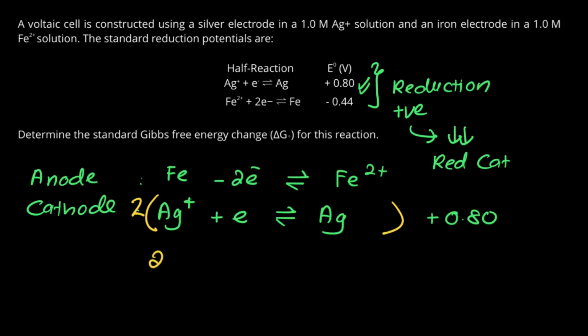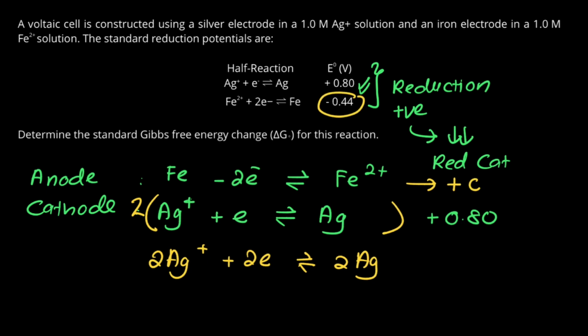So we will have 2 Ag plus plus 2 electrons, and then you will produce 2 Ag. And this part, because we changed from reduction to oxidation, it becomes 0.44.